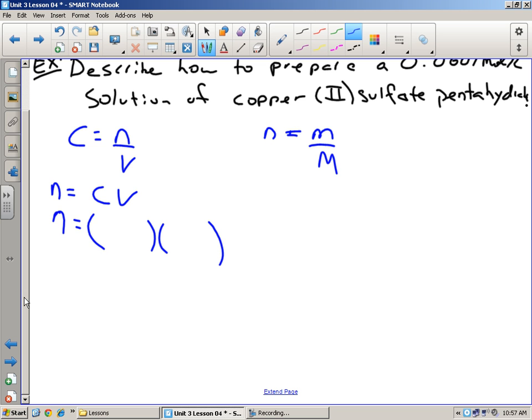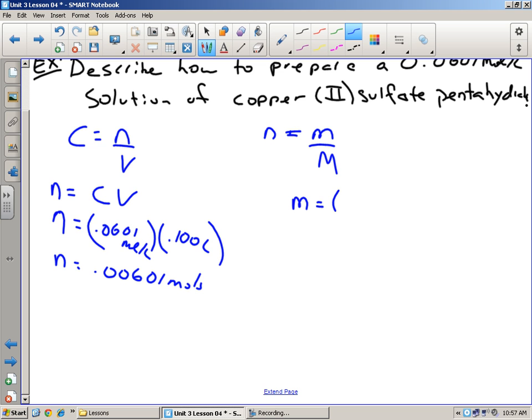You may not know V, it may not say, but we assume, of course, 100 milliliters. So we'll put that in there. We want to make a 0.0601 mole per liter solution. Okay, so we have those two things there. We can find 0.00601 moles.